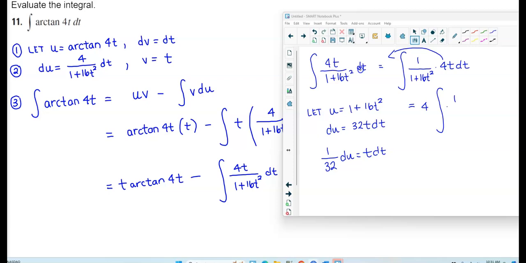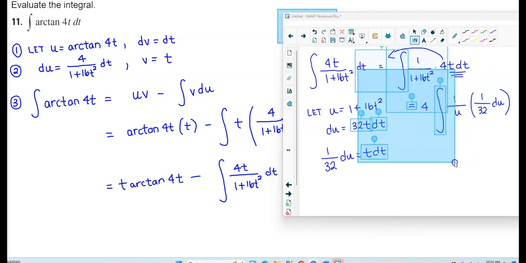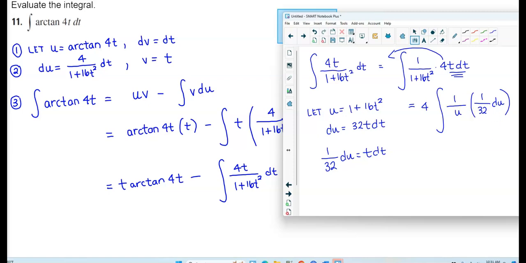And so then we have 1 over u, and we know that t dt is going to be 1 over 32 du. Okay, so now what we're going to do is factor out the 1 over 32, so that's going to be 4 over 32, and then we want to integrate 1 over u du. Well, what happens when we take the antiderivative of 1 over u du?